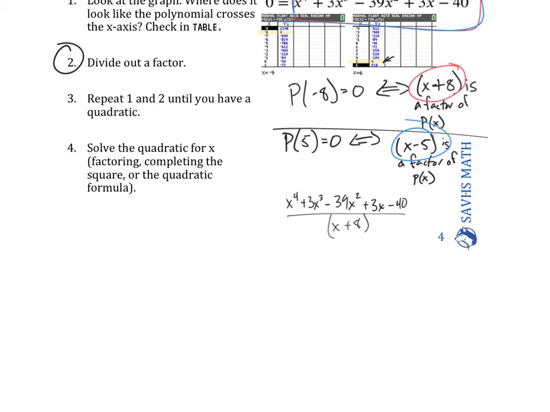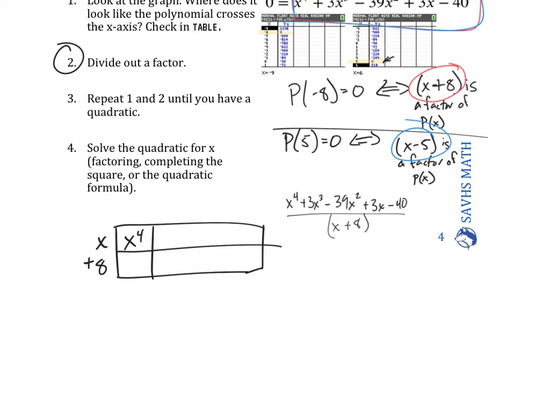I'm going to use the box method. So x plus 8 here. I want p of x to show up in the box right here. So I have to put my x to the fourth here, which makes me have x cubed there.